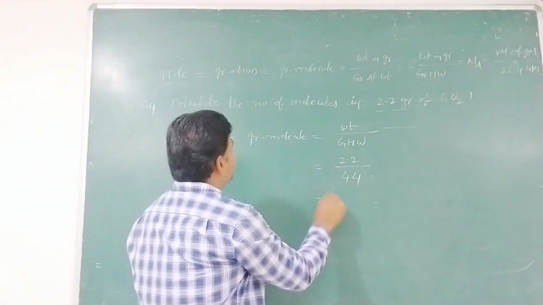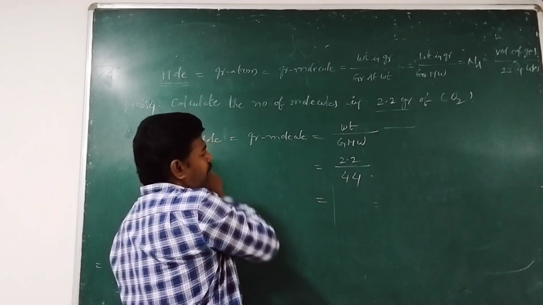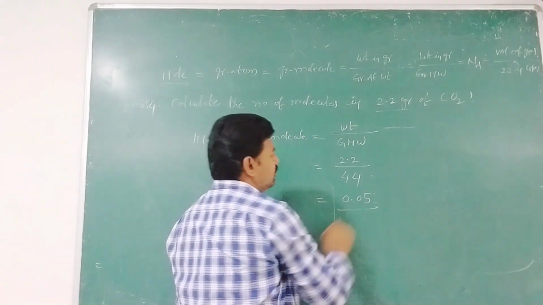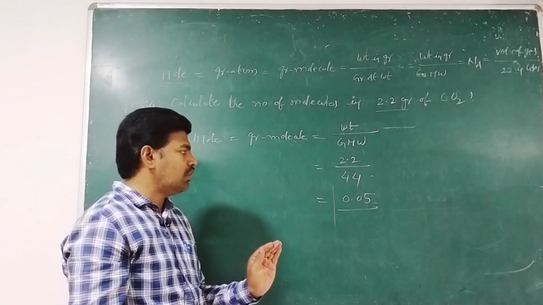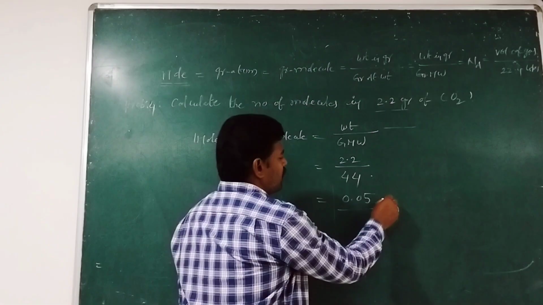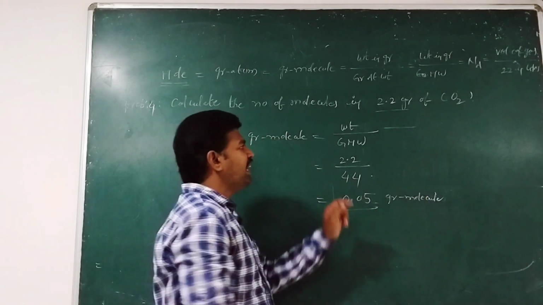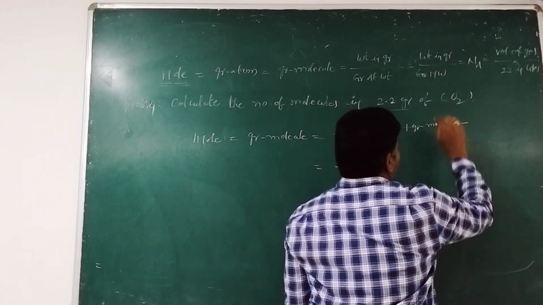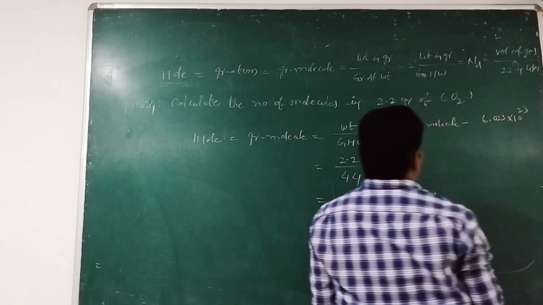By this we can calculate the number of gram molecules, or number of moles. 2.2 by 44 gives 0.05, which is equal to 0.05 moles, or 0.05 gram molecule. 1 gram molecule contains 6.023 into 10 to the power of 23 molecules.